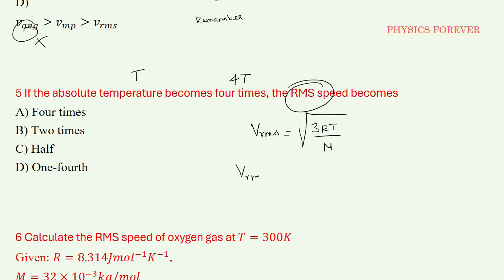Here the root mean square speed is proportional to root T. Here T becomes 4 times, so the root of 4 times gives 2 times. So option B is correct. The root mean square speed becomes 2 times.